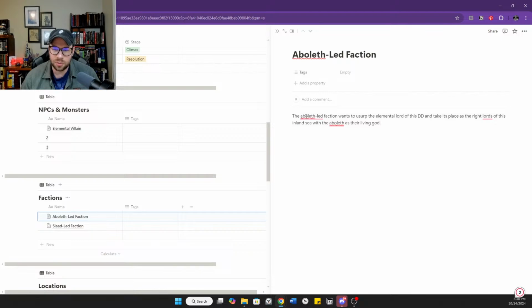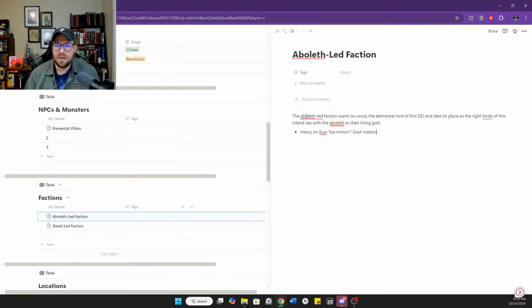Kind of makes me think that Kuo-toa should be heavy among the Aboleth's followers, god makers that they are. Yeah, so let's make a note. Heavy on Kuo-toa minions? Question mark. God makers.